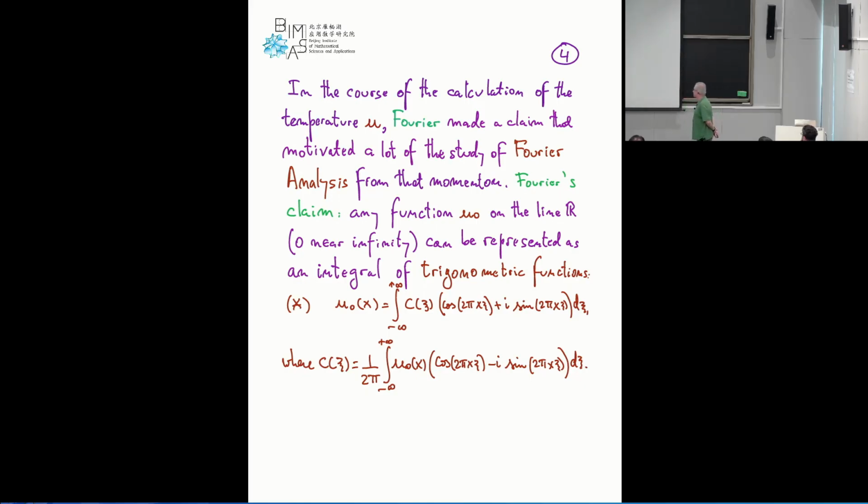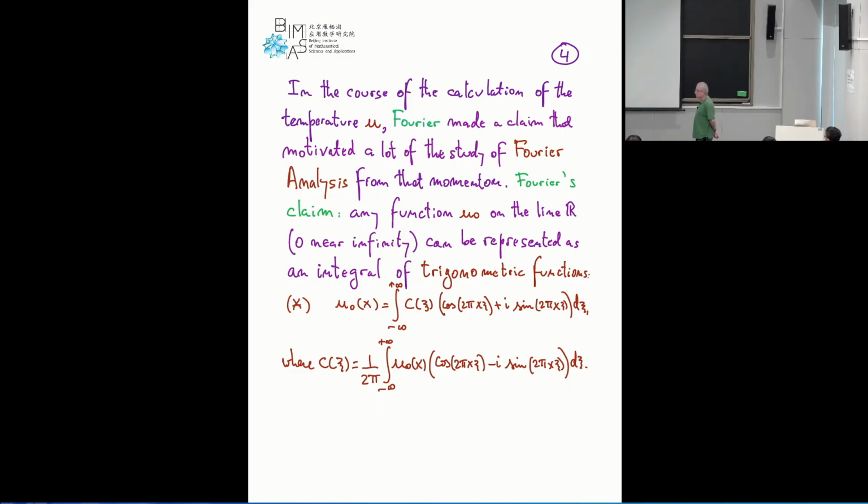Suppose you have a function u0 on the line, and let's assume that the function is 0 near infinity to simplify matters. Then you can represent it as an integral of trigonometric functions. That is to say, the function u of x is the integral between minus infinity and plus infinity of a function c of xi times this trigonometric function, cosine 2 pi x xi plus i sine of 2 pi x xi, and you integrate d xi.